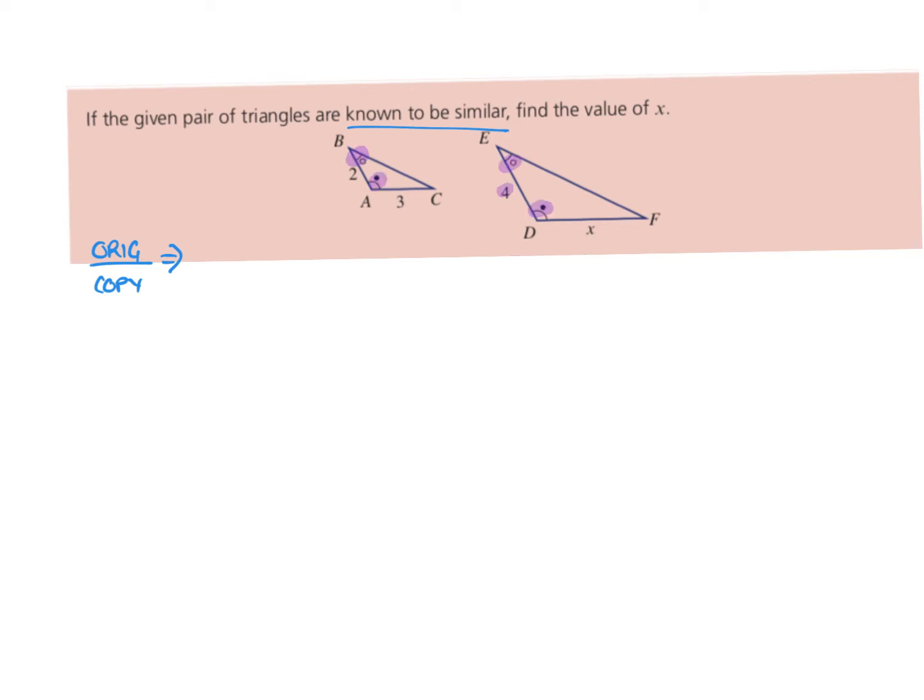It's the same. So this 4 and the 2 are the same side, aren't they? So I'll say the original 2 over 4 should give me the same number as the 3 over the x. Is that true? Because they're telling me they're similar. So once you get it like that, you know they should equal because it's similar triangles.